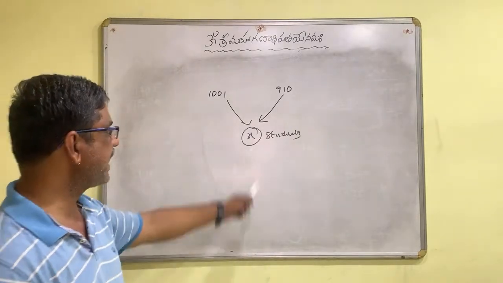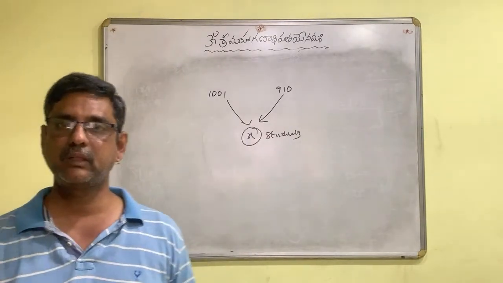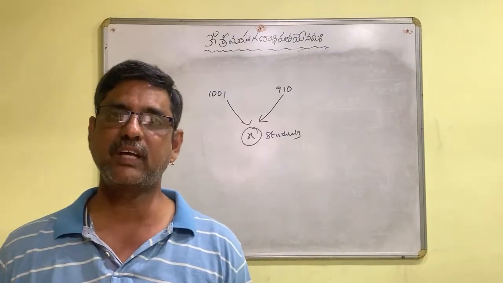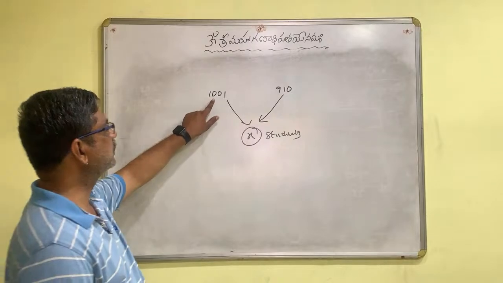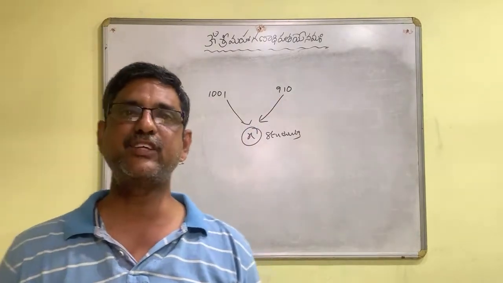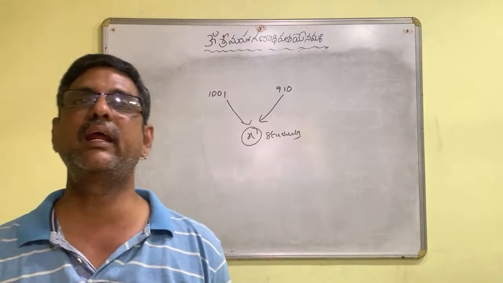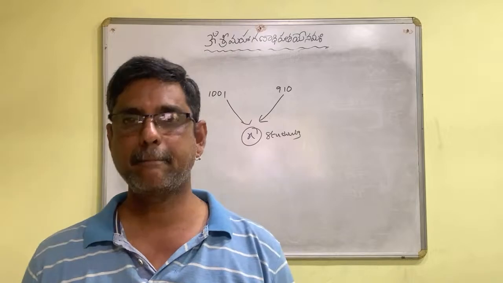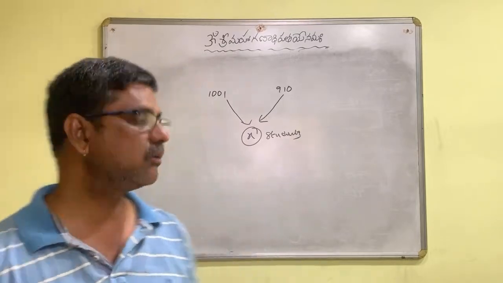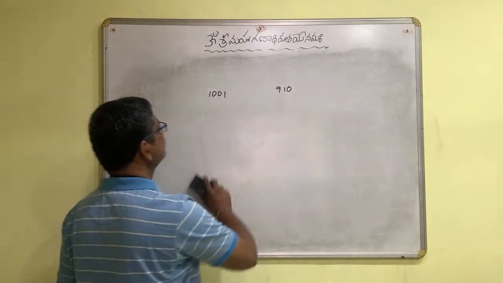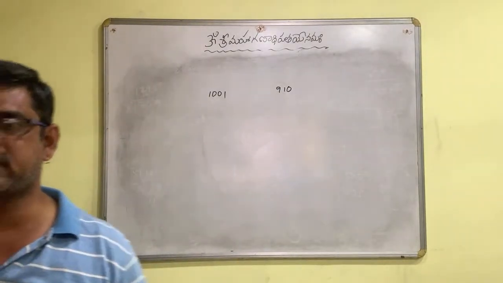Then what will be the maximum number of students such that these pens and pencils can be distributed equally to each and every student? So what we have to do? We need to find out the HCF.